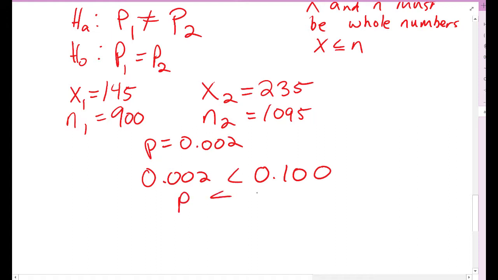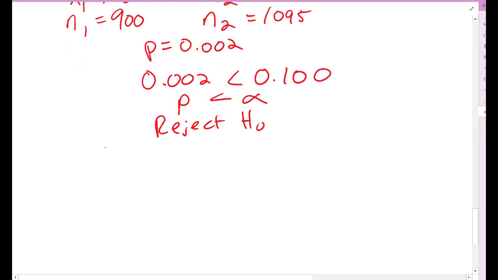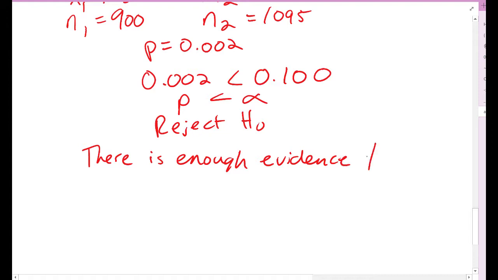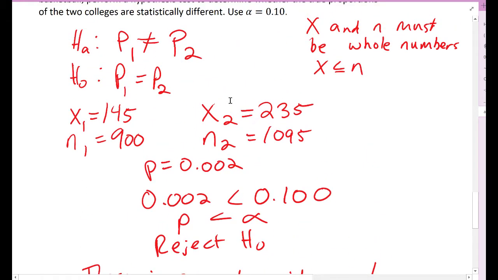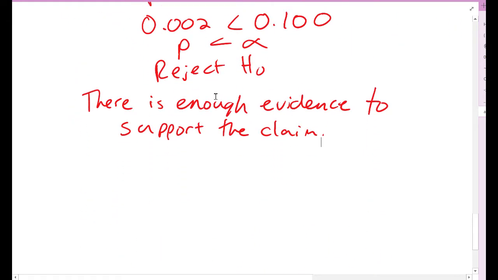The p-value is less than alpha, which means that we should reject the null hypothesis, which indicates that the conclusion is there is enough evidence to support the claim. So yes, there is a difference in the proportion of men playing basketball at the two colleges.